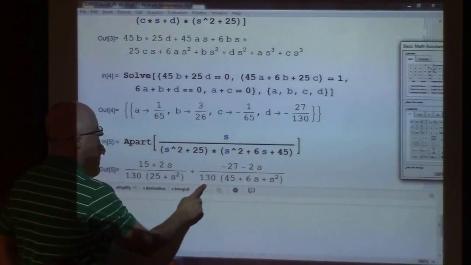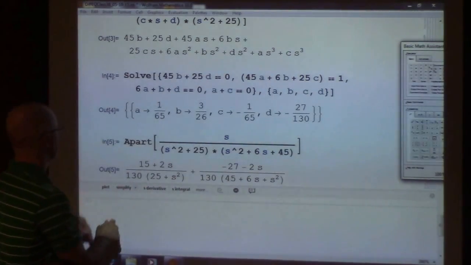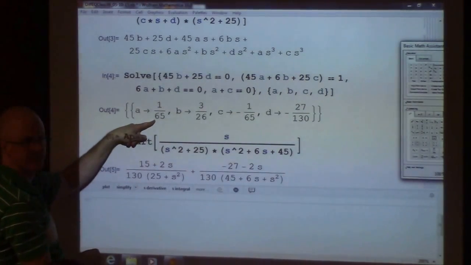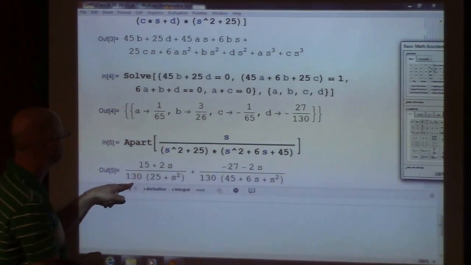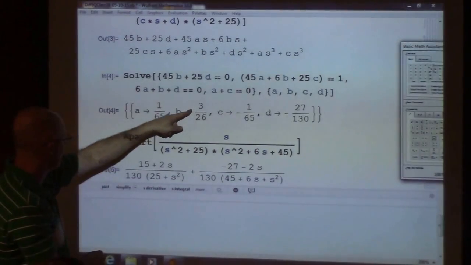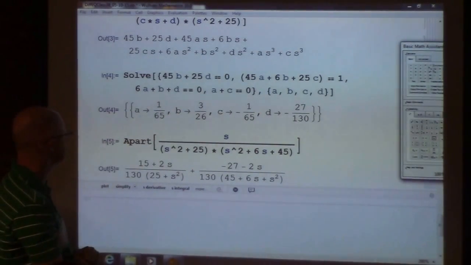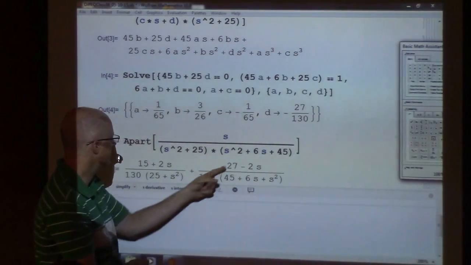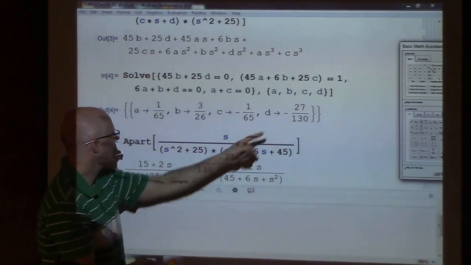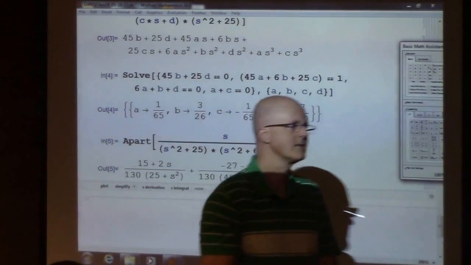Negative 27 over 130, okay, let's do this one first. 2 over 130 is the same as 1/65, that's the A. 15 over 130, divide the top and the bottom by 5. 15 divided by 5 is 3. 130 divided by 5 is 26. Negative 2 over 130 is negative 1/65, and negative 27 over 130 can't be reduced, it's right there. All right, so this looks right.